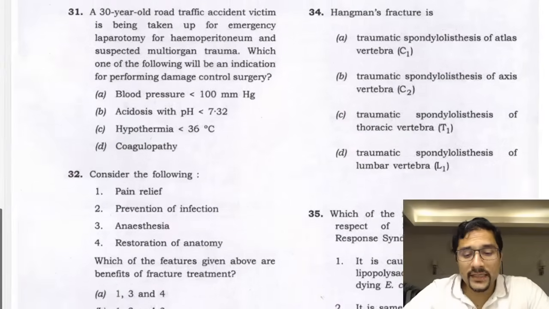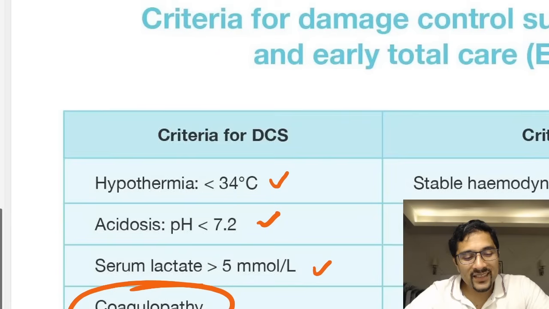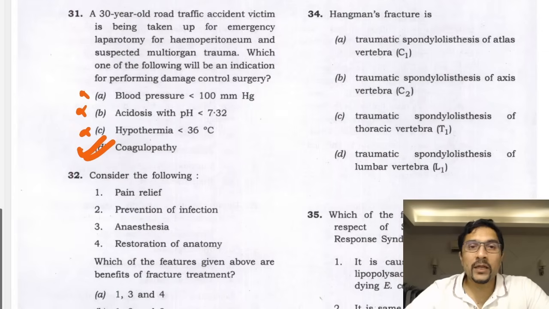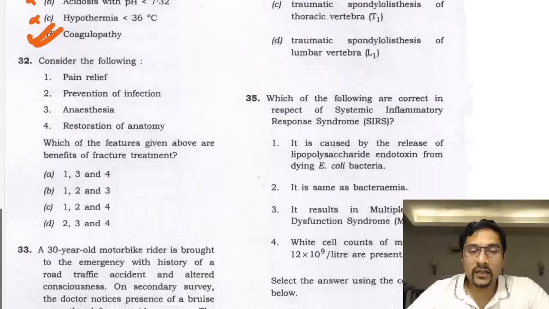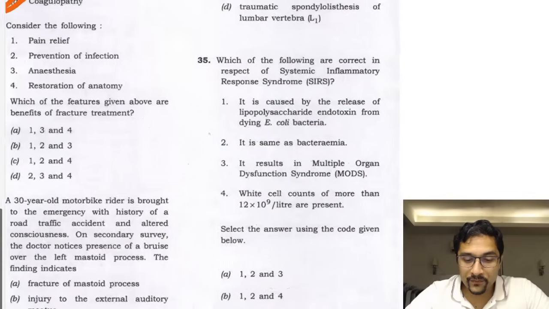So here blood pressure should be less than 70, this is wrong. Acidosis I told you should be less than 7.2, this is wrong. Hypothermia I told you should be less than 34, this is wrong. So the correct answer is going to be coagulopathy, which would be the indication to carry out damage control surgery in this patient.